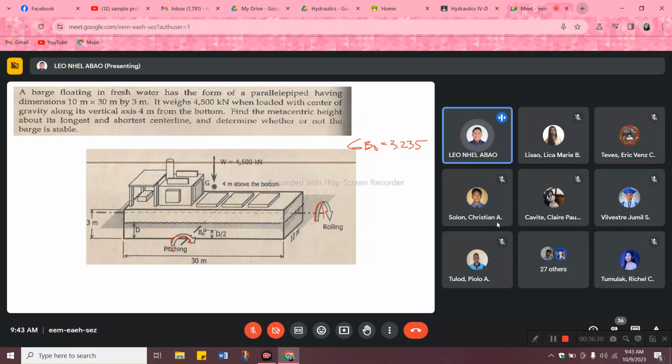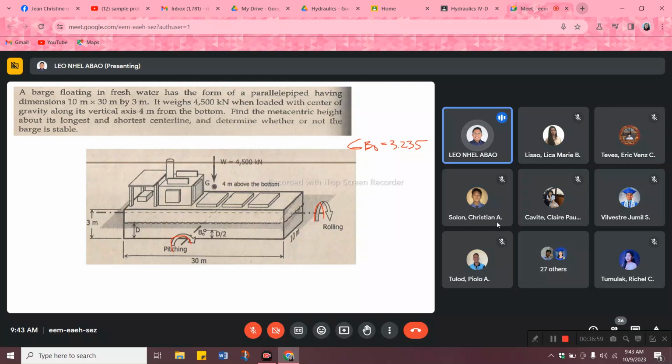Anyone who would like to try? Sige, wala.